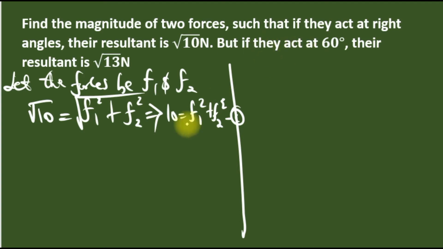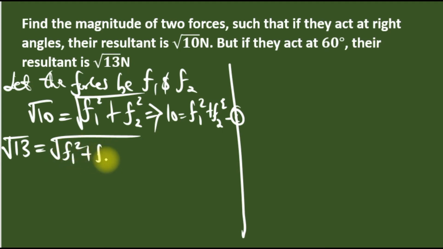Again, they said if they act at an angle of 60 degrees, their resultant is root 13. So we have root 13 equals the square root of F1 squared plus F2 squared plus 2 F1 F2 cos 60 degrees.